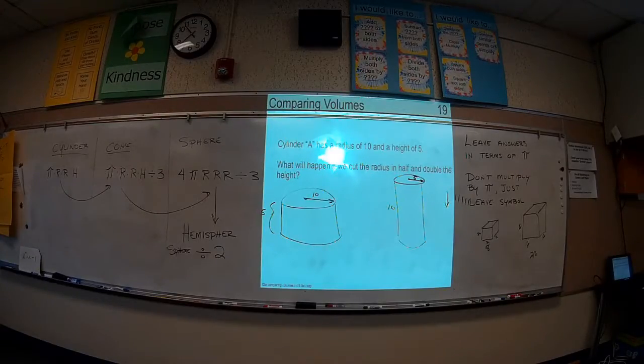Wait, so we're the wide ones? Yeah. I got 5 into this. And I got 2. Oh, I forgot the pi. I would have gotten 2.